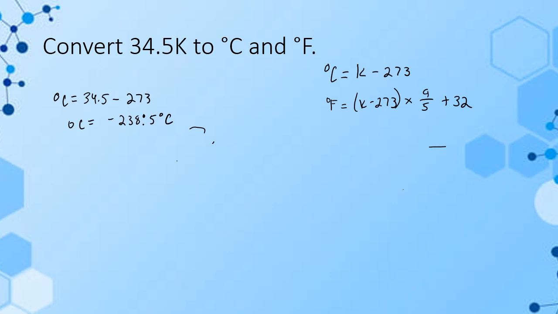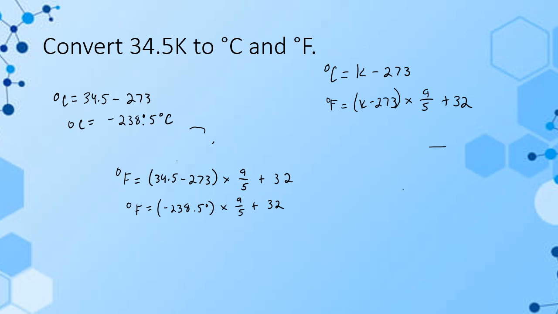If we perform the Fahrenheit conversion, the formula we arrive at should look like this. Fahrenheit equals 34.5 minus 273 times 9/5 plus 32. Notice we will do the subtraction first because it's in parentheses, so I'll go ahead and simplify that. 34.5 minus 273, we've already determined, is negative 238.5 degrees. Times 9/5 plus 32.